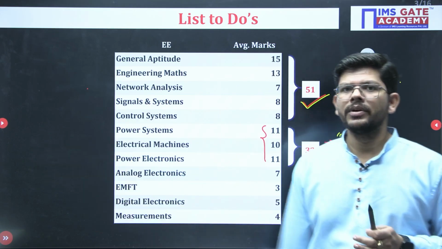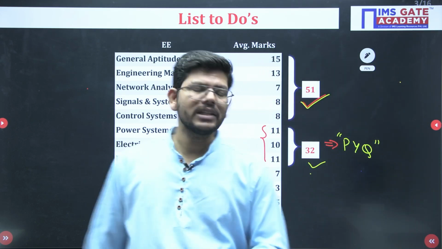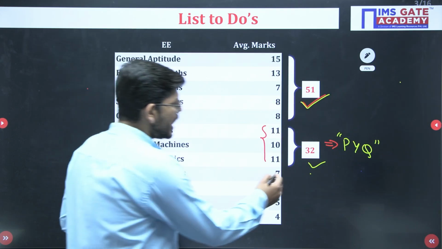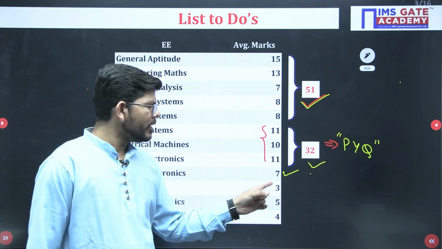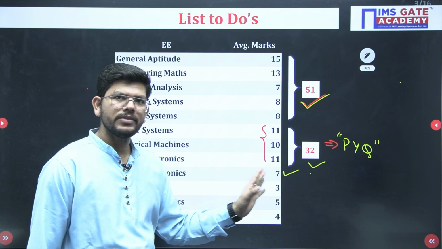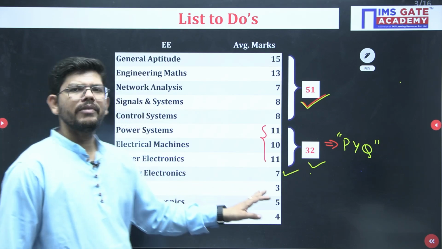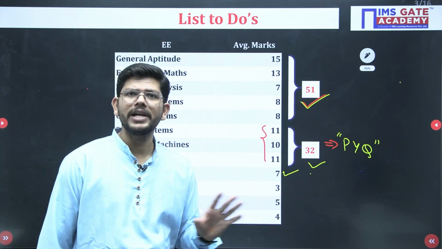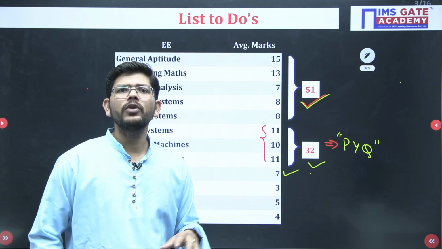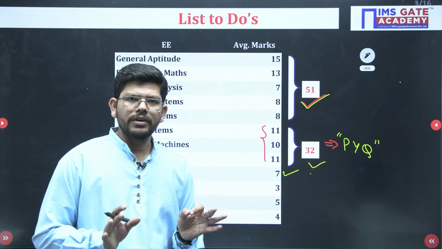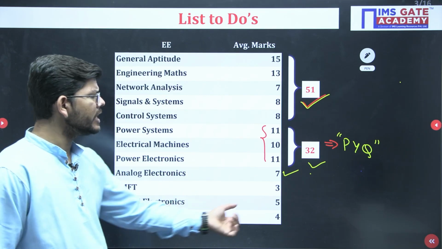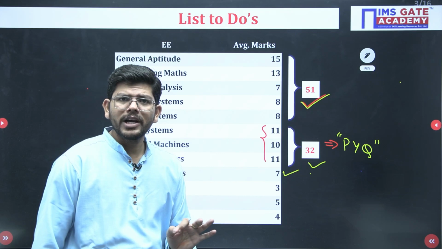Okay, because there are very high chances that you will also get a question of the same flavor in the upcoming GATE exam. Then we have subjects like analog electronics, very high weightage. Focus on certain topics, I will tell you, and you will be able to do well in this subject as well. Then EMFT, weightage is 2 to 3 marks. If you have prepared EMFT, very good. If you haven't prepared EMFT, I recommend you ignore it. Then we have digital electronics, silly questions will be coming from digital electronics.